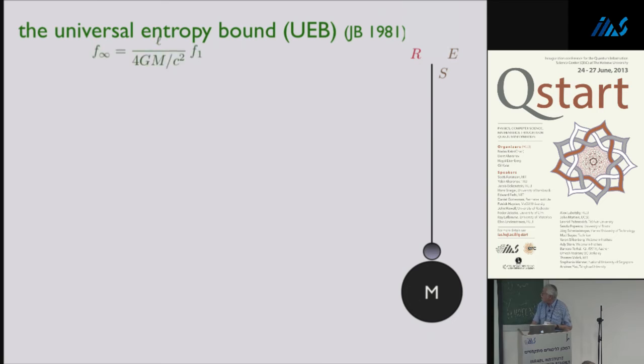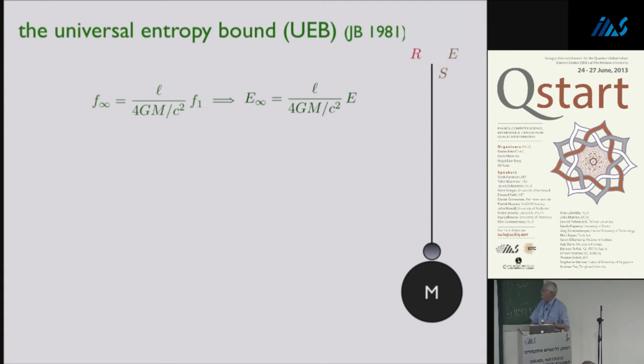You can get a simple formula for this. If you remember the relation between the two frequencies that we had before, you translate this into energies. Now the interpretation is the following. This is the energy in the box, carried by the box, the proper energy, and this is the energy that is seen from infinity.